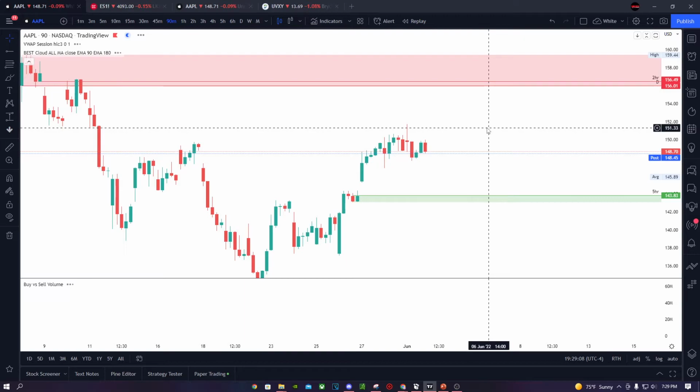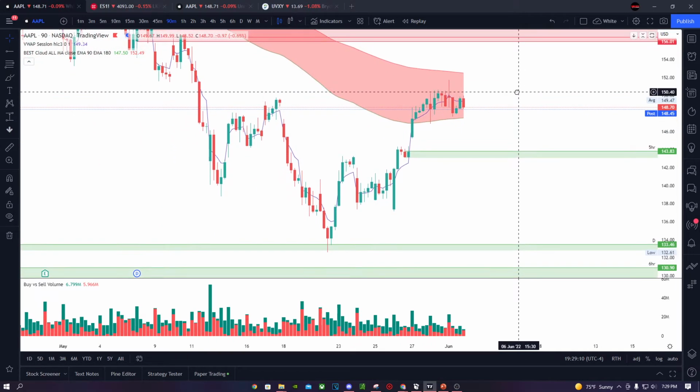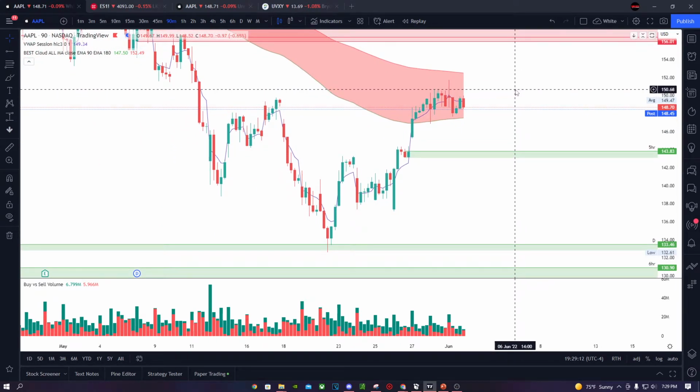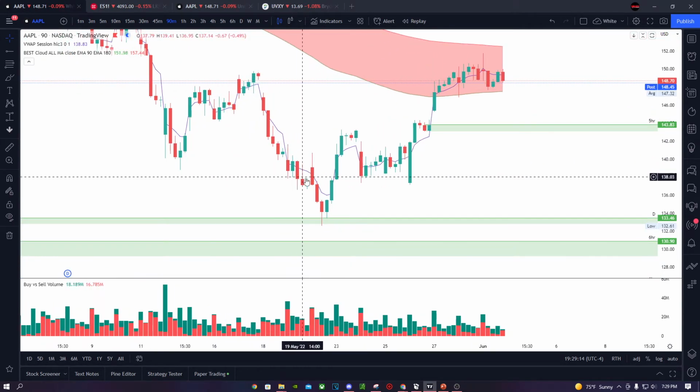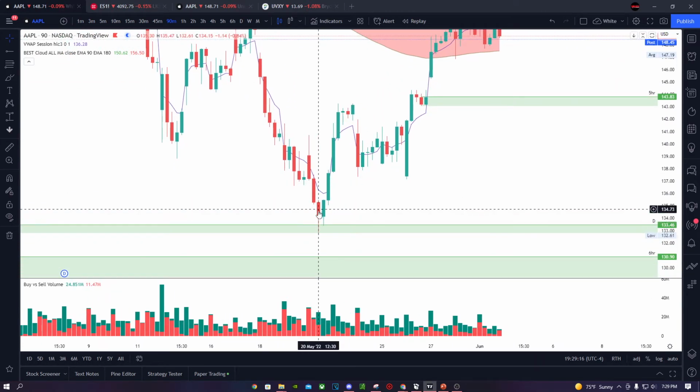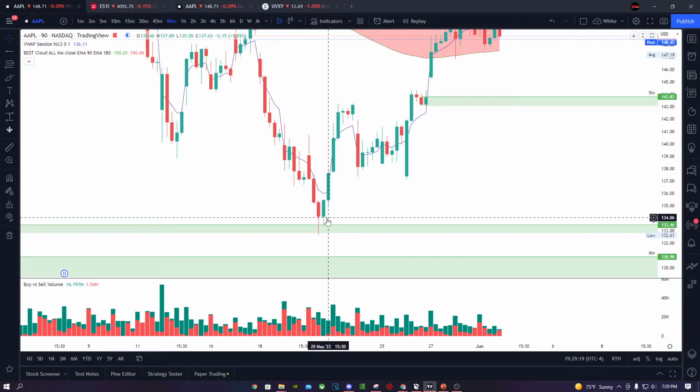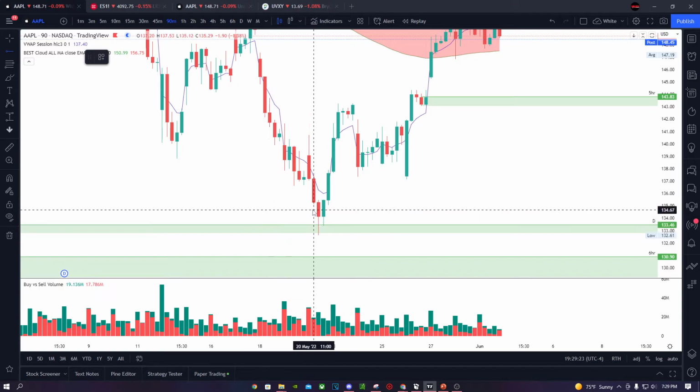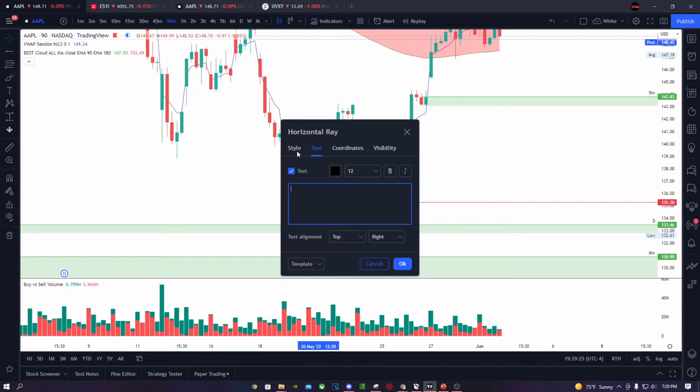So I'm going to check the 90-minute. See if there's anything here. So you can maybe say this candle, right? Because it has a buying wick, a nice buying wick, nice rally afterwards. So you could draw this. I'm just going to put a line here for now.